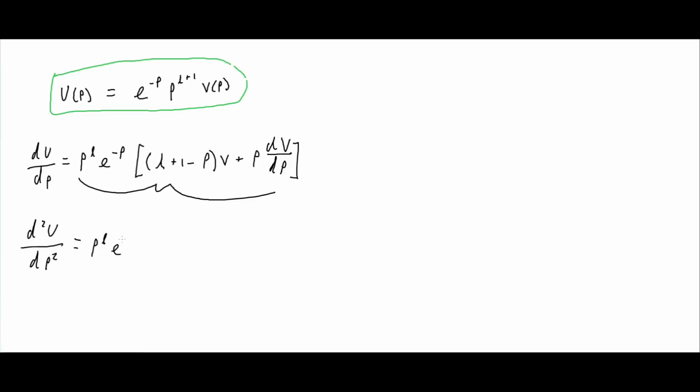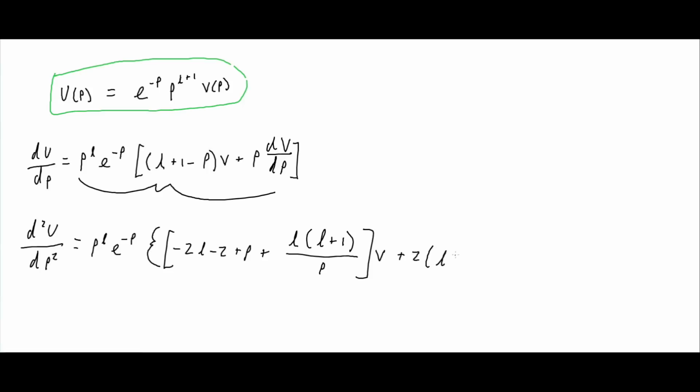So rho to the L, e to the minus rho, and then that is times minus 2L minus 2 plus rho plus L times L plus 1 over rho, close the square bracket, v plus 2L plus 1 minus rho dv over d rho plus rho d squared v over d rho squared, and then we'll close that bracket.